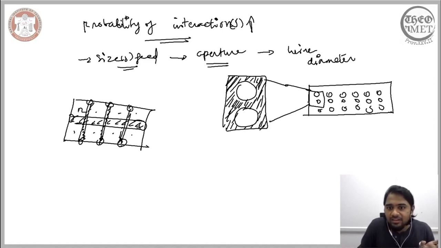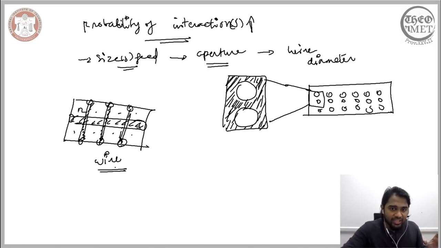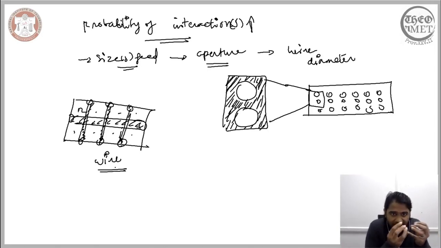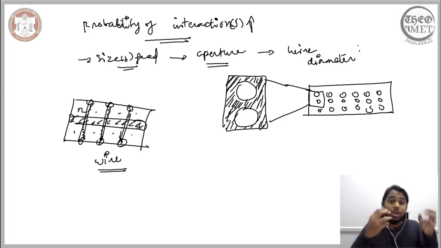Here in this schematic we punched holes in order to separate one aperture from another, but in realistic cases we create these apertures, these perforations, by creating meshes using wires. These wires have a specific diameter, so as the diameter increases, the distance separating two different perforations increases. Therefore we need to include the wire diameter when we are considering the probability of interaction.